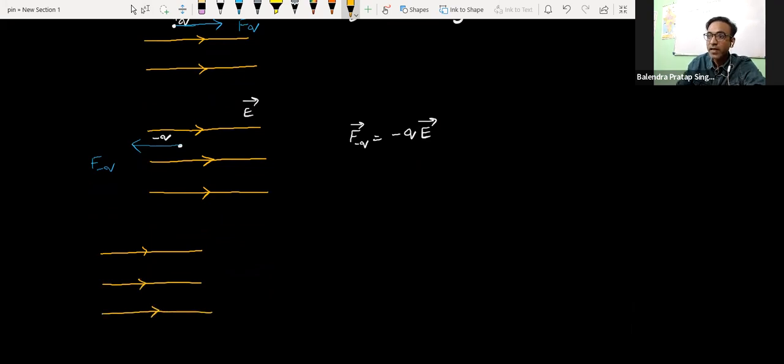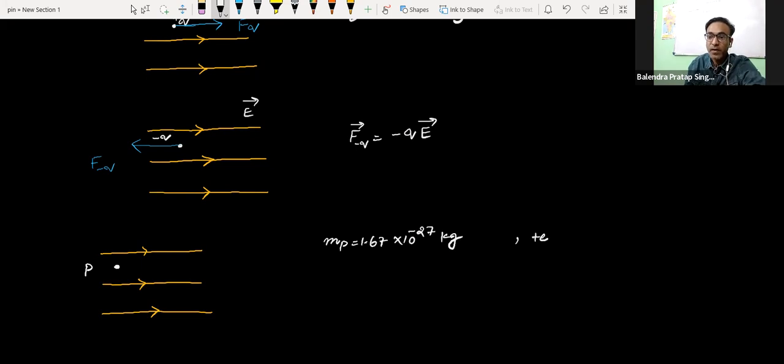The proton has positive charge and it has mass m. You know the mass of a proton is 1.67 times 10 to the power minus 27 kilogram, and it has positive electronic charge, plus e.